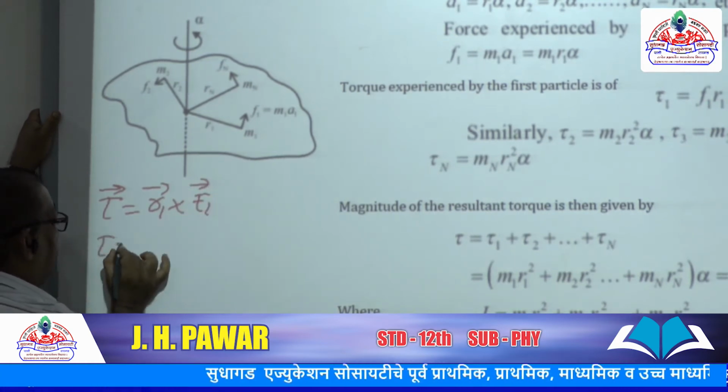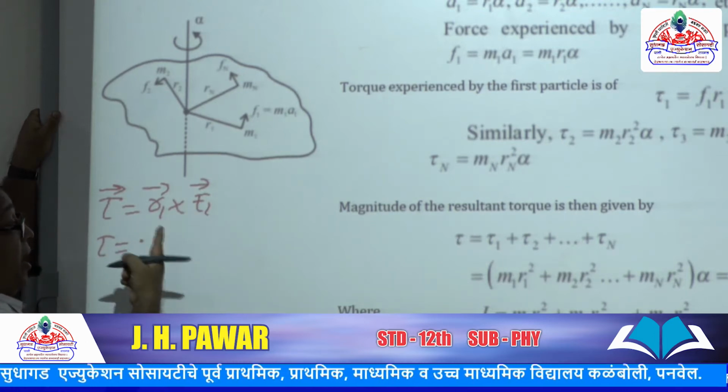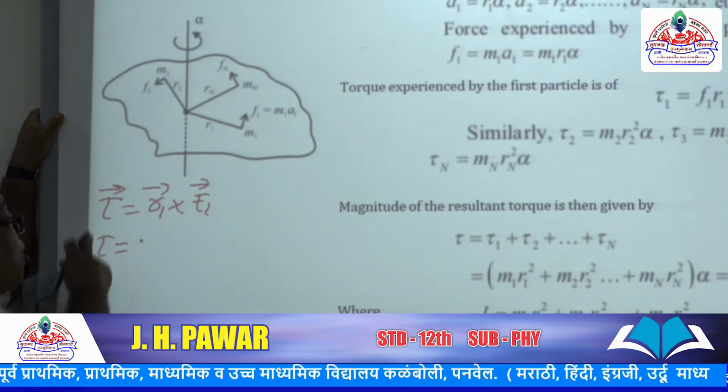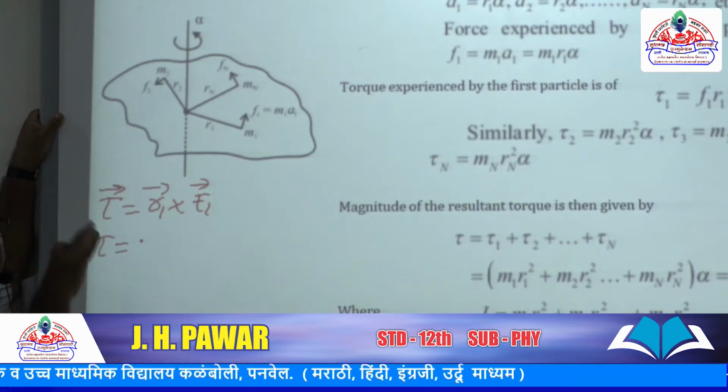Vector r and vector f are in the same plane of the circular motion, and the torque is perpendicular to that plane, so all three are perpendicular to each other.